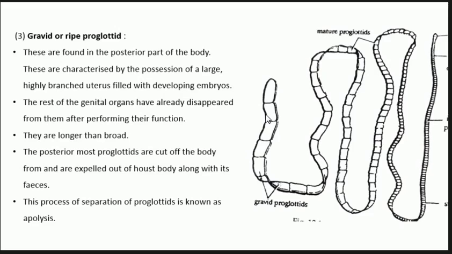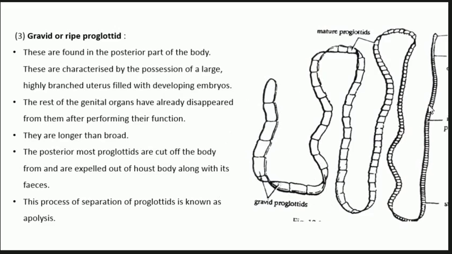The rest of the genital organs have already disappeared in this area after performing their function. Only the embryo is present. They are longer and broader than the mature proglottids. The posterior-most proglottids are cut off from the body and are expelled out of the body along with the fecal matter, and they contain the embryo.